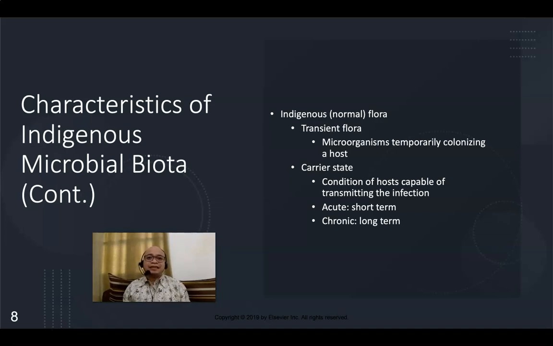Chronic long-term carriers could be people with a chronic disease such as hepatitis C. They do not show any signs and symptoms, but they are carrying the virus and are potentially infectious. Even HIV-infected individuals may be considered carriers because they appear normal. It doesn't seem like they have a disease, but they are infectious.